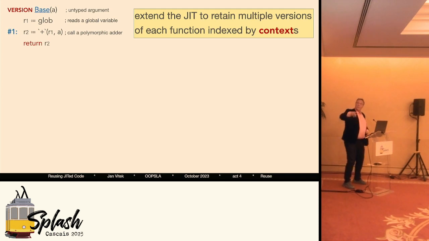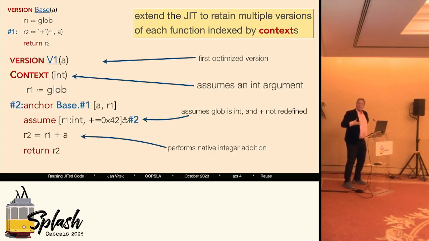So imagine here a function that reads a global variable and calls the dynamic plus method to add it to its argument. So what we do in our compiler is we will say, let's compile a version of this function with the precondition that the argument is an int.